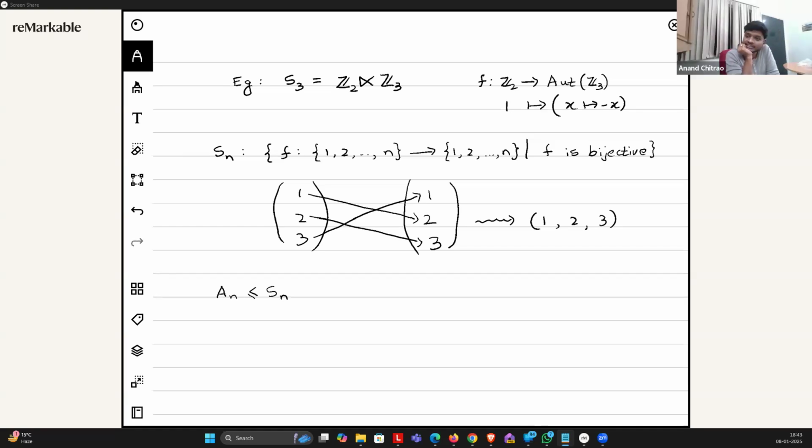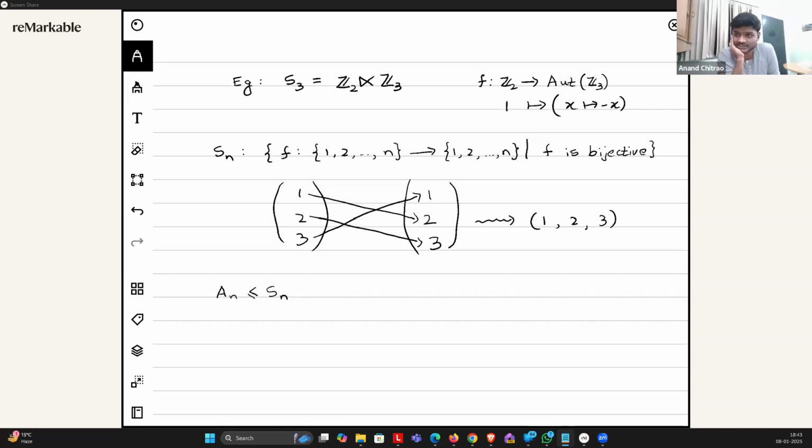How do you define even permutations? Those that are a product of an even number of transpositions. One easy thing to say is you can look at the lengths of these cycles, but let's take this perspective, an even number of transpositions.